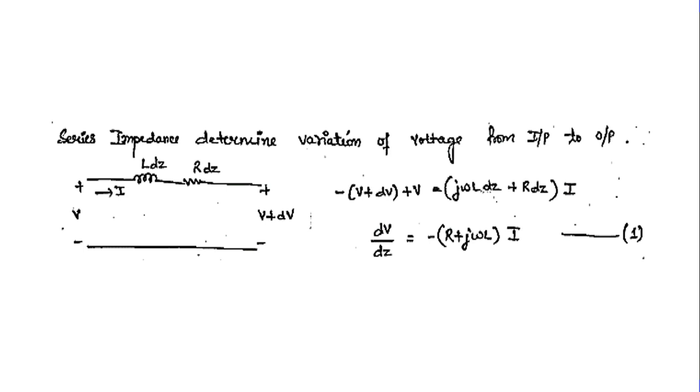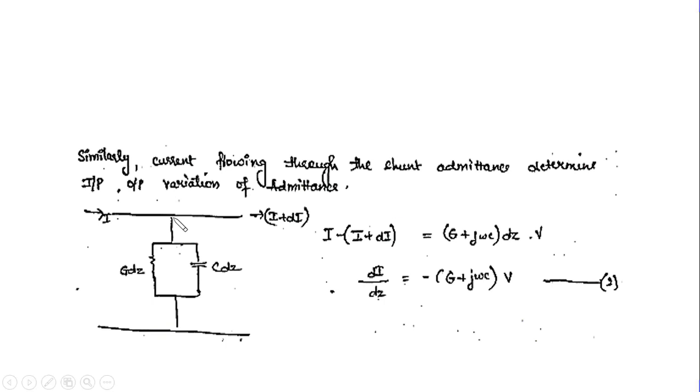Now we calculate the shunt admittance. In such a case, we will consider the change in current from input to output. So the current is changing from I to I plus dI.